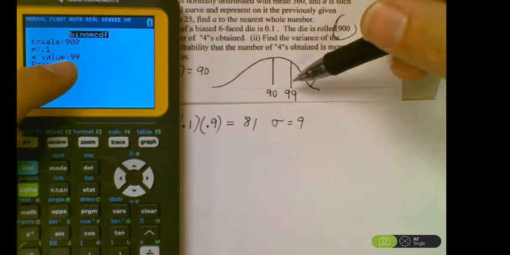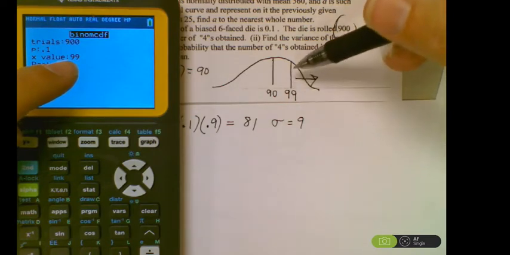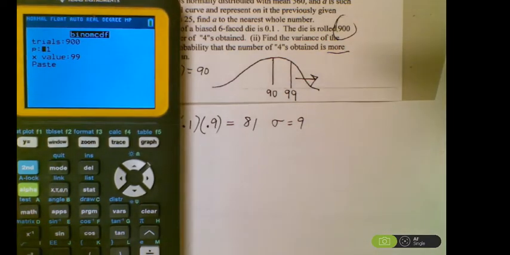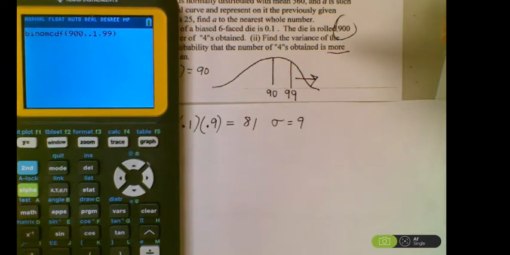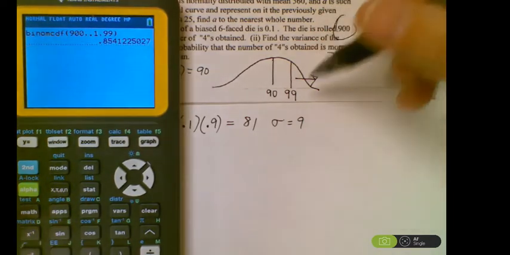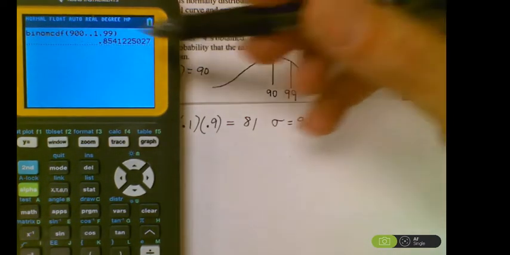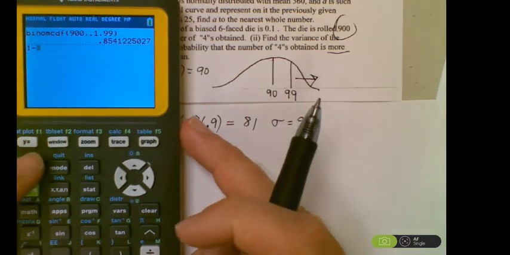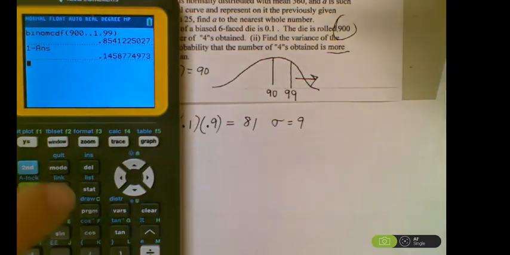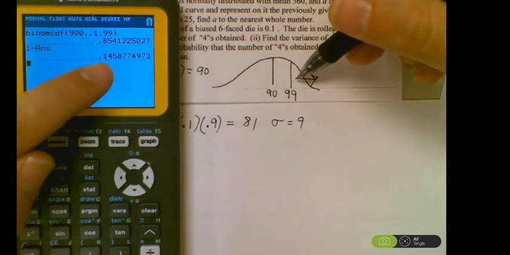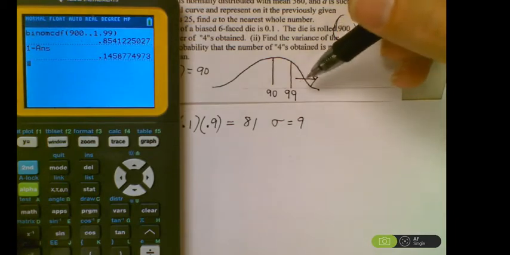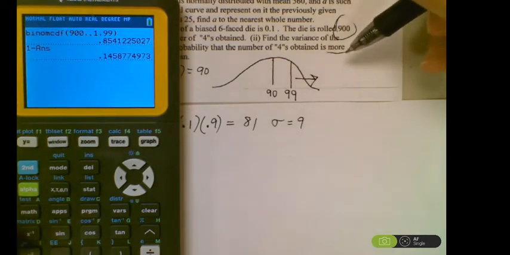So in the calculator, I am getting everything up to this number. As I go from 0 to 99, the probability of getting anything from 0 to 99 is about 85.4%. But I want to do 1 minus that answer to see what's on the other side. So this would be the probability that it is more than 99. I am not including 99 in my answer because that's not the way it's worded.